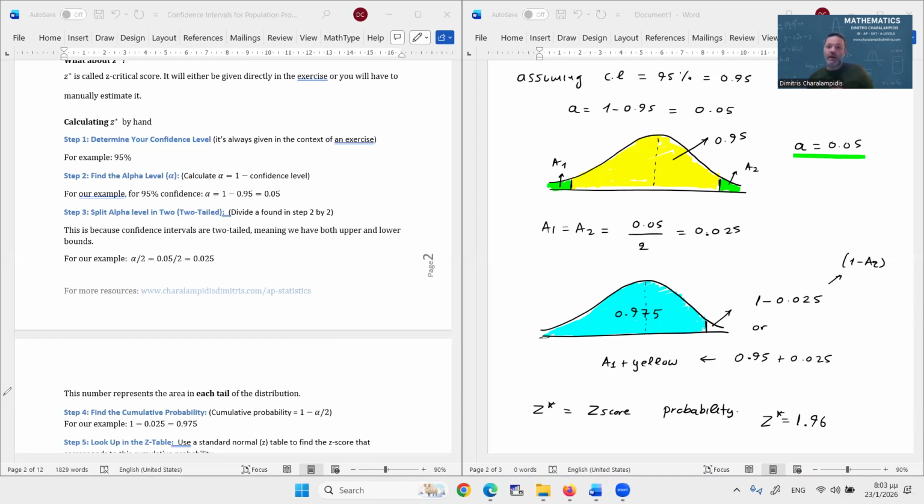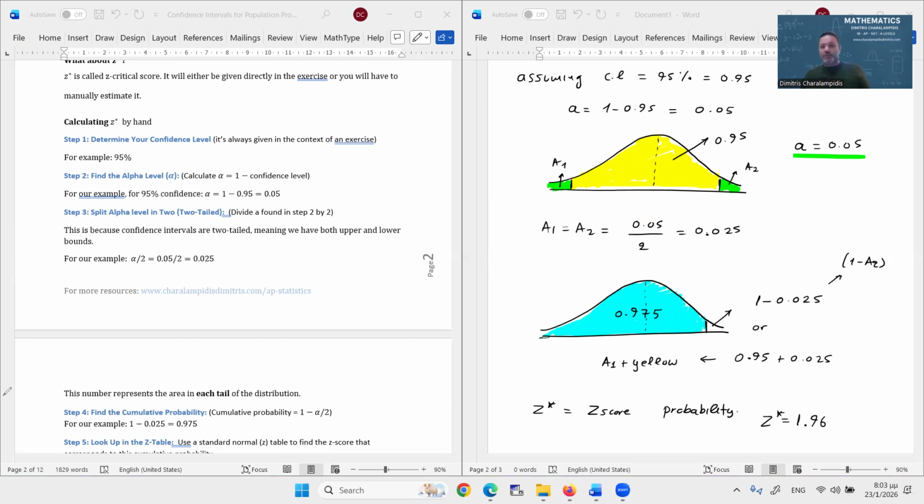Then I need to find everything that starts from the very, very left end up to that second green area. I can do that either by subtracting from the entire area the right part, or from adding to my yellow area, which is the confidence level, one of these green ones. Remember, any way works.